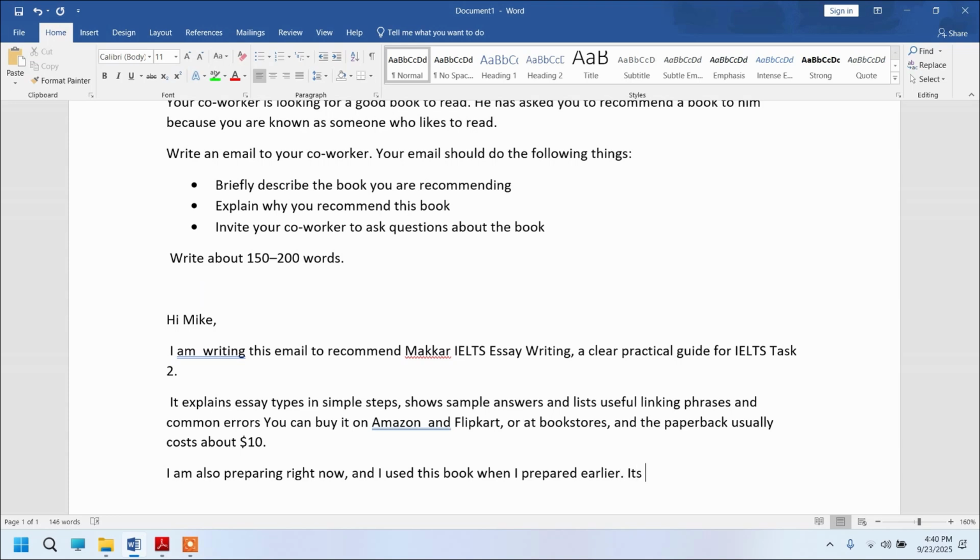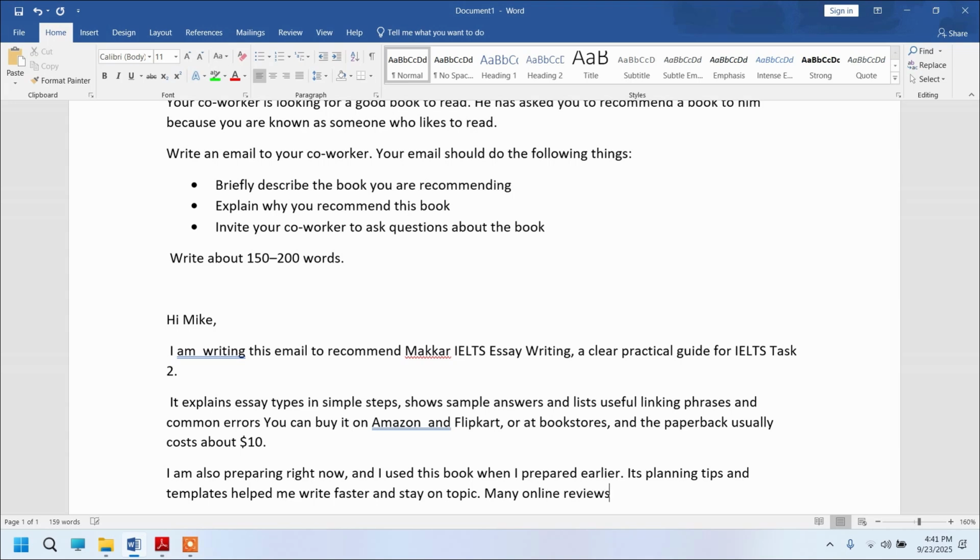Its planning tips and templates helped me write faster and stay on topic. Done.